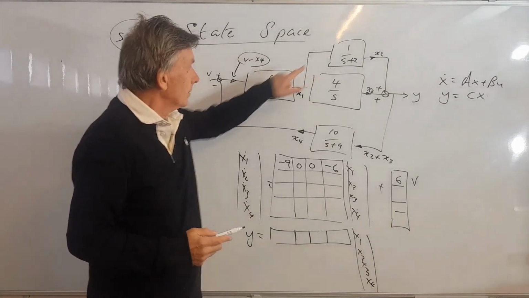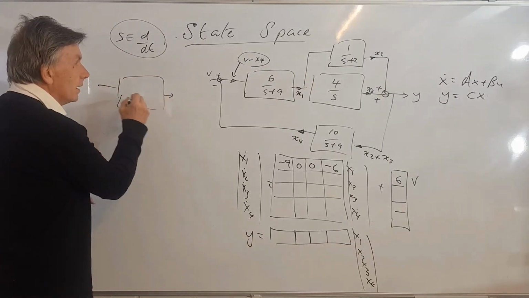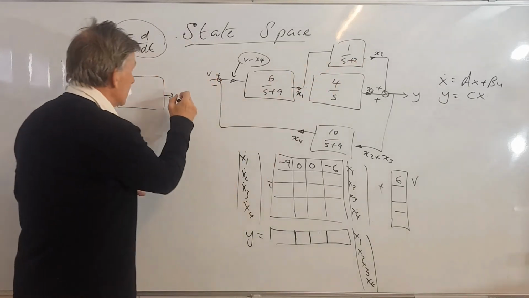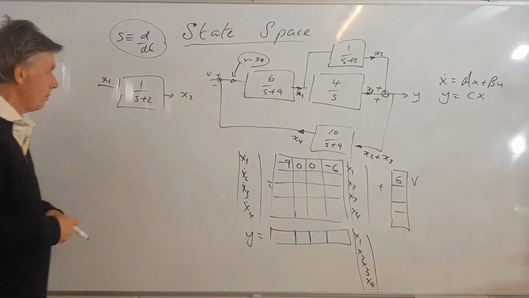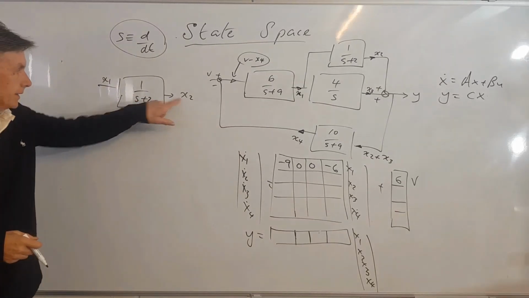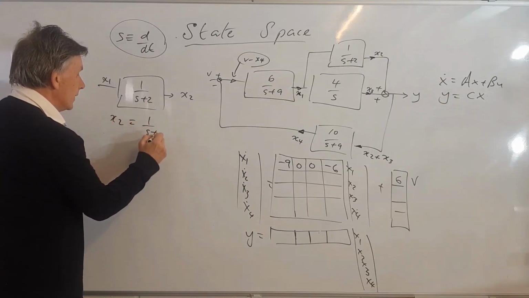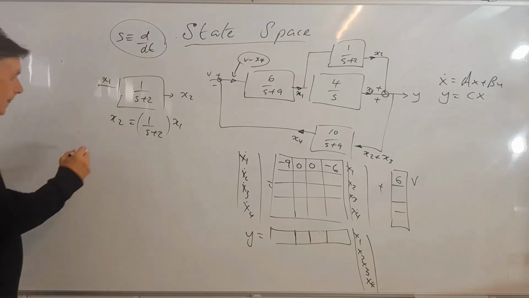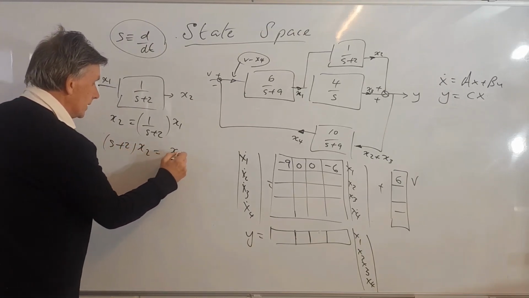So let's do this one next. Our next little box has got x1 going in, x2 coming out, and this is 1 over s plus 2. So now we can say this is this times this. So x2 is 1 over s plus 2 times x1, and move this up here. Get s plus 2 times x2 is equal to x1.